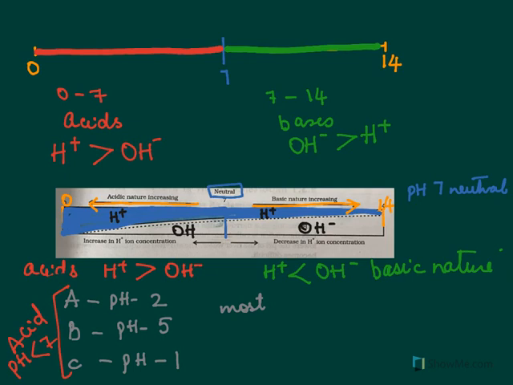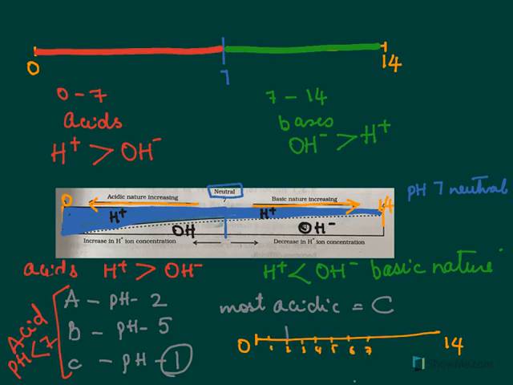But who's most acidic here? Most acidic will be C, because it has got the least pH. If I were to draw the pH scale, this is 0, this is 14. Your A would be somewhere here. I'll mark this.